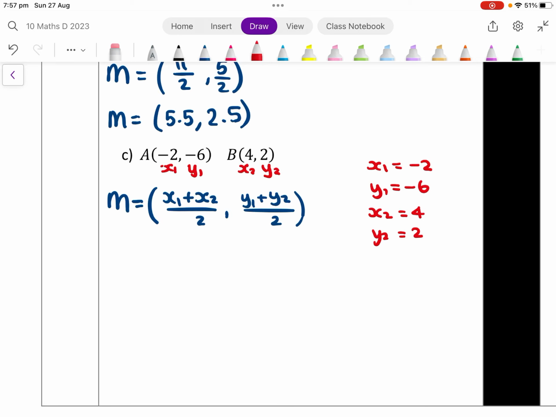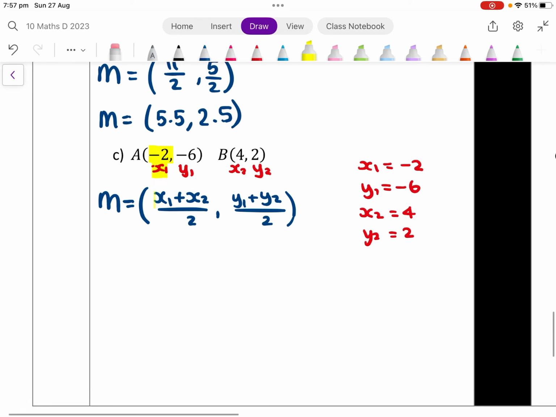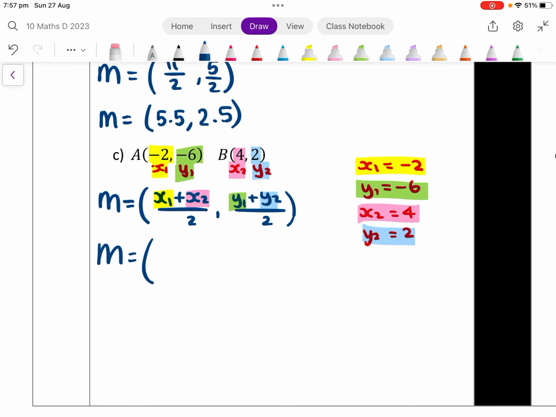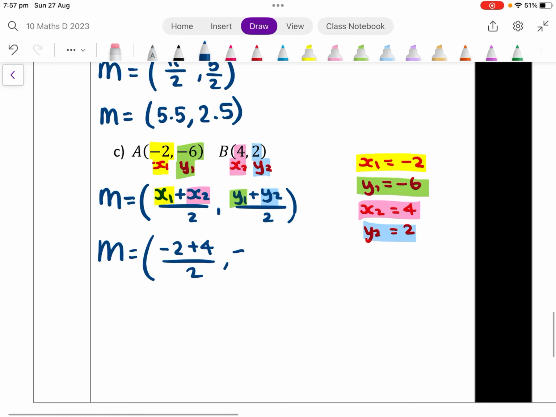So now we want to substitute these into our formula. So we're replacing our x1, our x2, our y1, and our y2. And so we'll have m equals -2 plus 4, all divided by 2. And then we'll have -6 plus 2, all divided by 2.